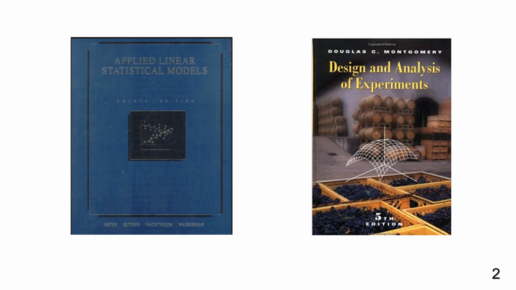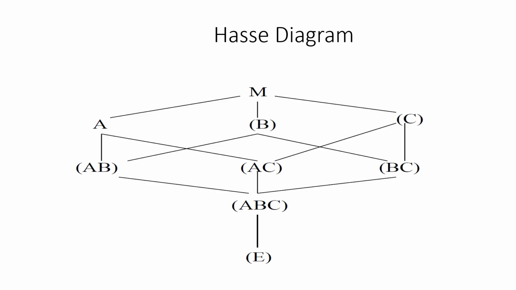Still, I'm going to refer to these books quite a bit because they have useful information such as ANOVA tables and expected mean squares for different designs. Our professor also showed us briefly how to use Hasse diagram to choose the correct denominator for the f-statistic in a mixed model, and that was it.